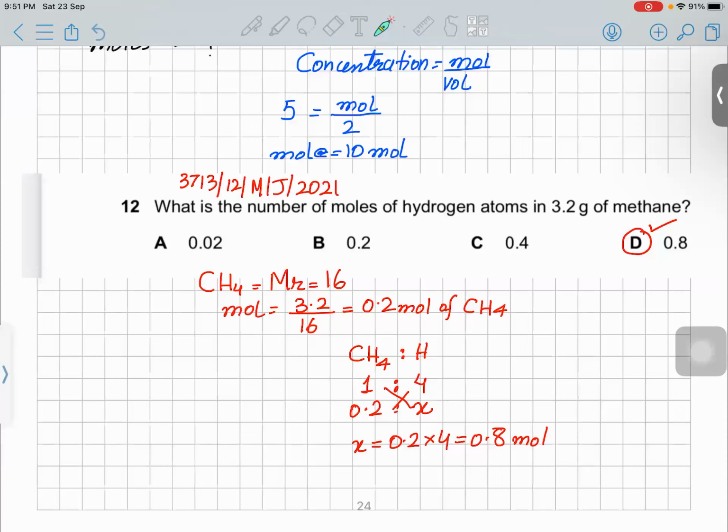Now listen. In one CH4 you have 4 hydrogen. So right here 1, right here 4. In the question, you obtained 0.2 mole of CH4. Now you can easily find the number of hydrogen in 0.2 mole of CH4.